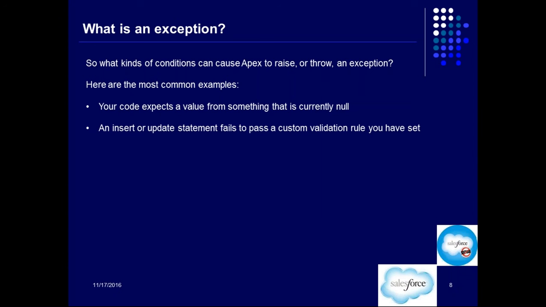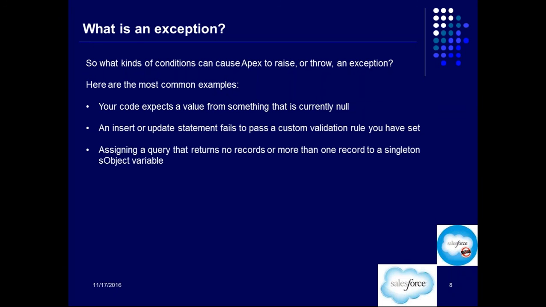Okay, you're trying to insert or update a record, you're trying to perform a DML, but that DML is actually not able to happen because of some reason. Some validation is not correct or some required field value is not provided. Another is assigning a query that returns no records or more than one record to a singleton sObject variable.